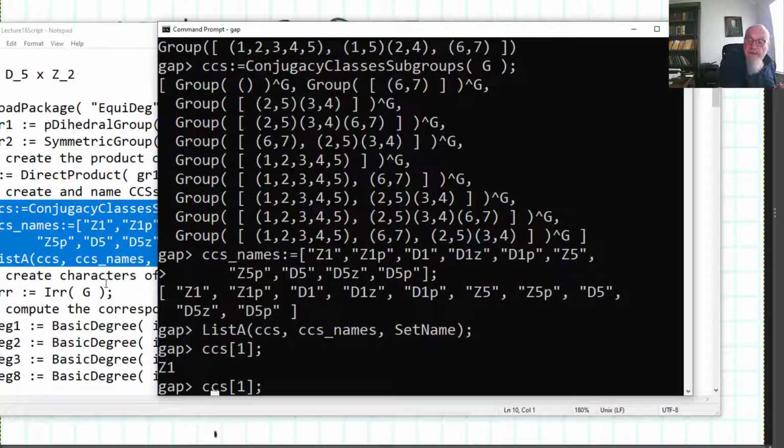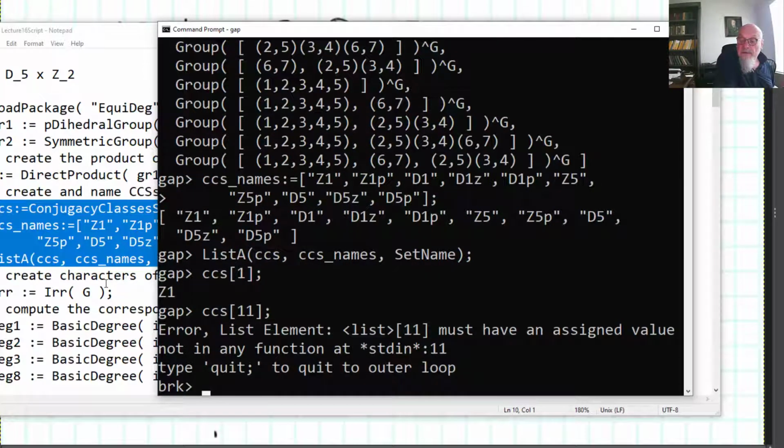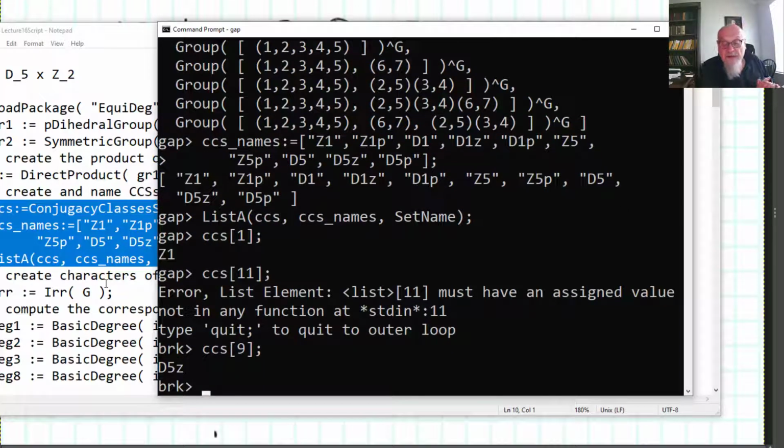So maybe CCS 10 or 11. Oh, I think I went out of range, 9. Yes, D5Z. Yes, it is giving the names. We already discussed the conventions, the so-called twisted notation that we are using here for the subgroups of D5 times Z2, and what is happening?